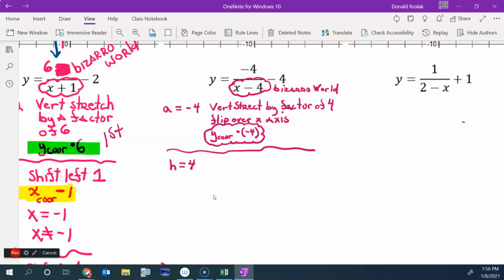All right. So this now is going to be a shift right. The way we're going to do that is we're going to take the x coordinates and add 4.